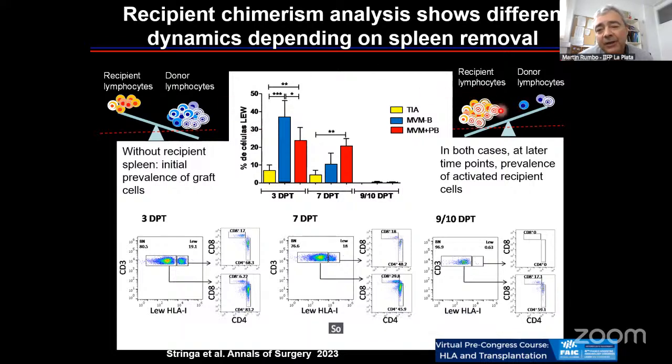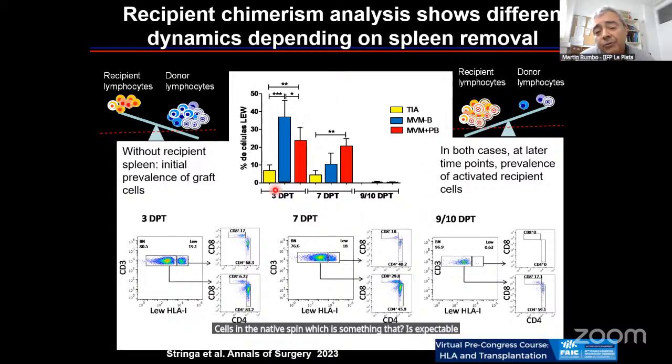So this fits this paradigm very well, and we can also show that there is a massive destruction of donor cells in the native spleen, which is expectable.